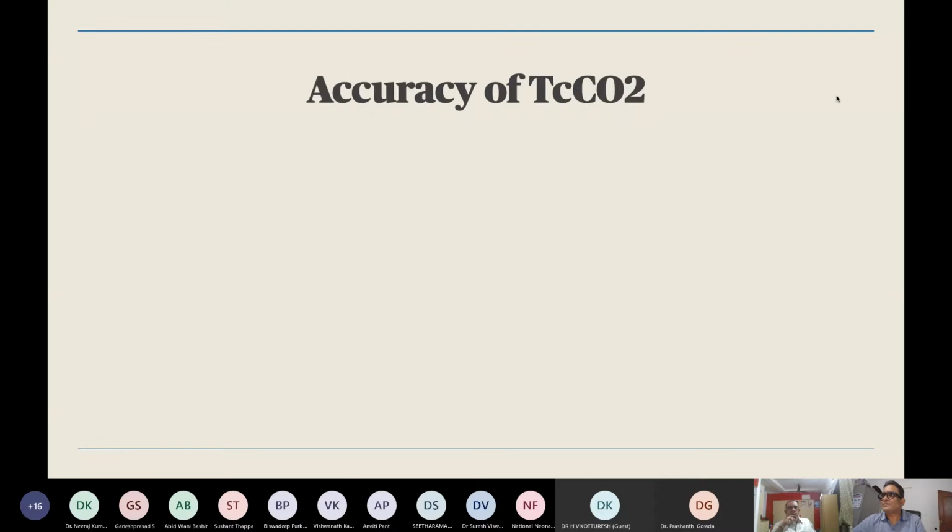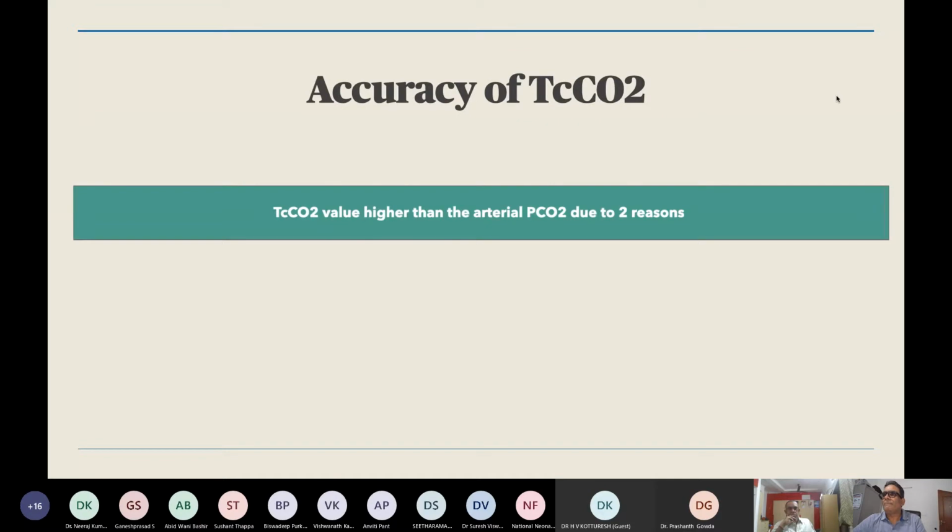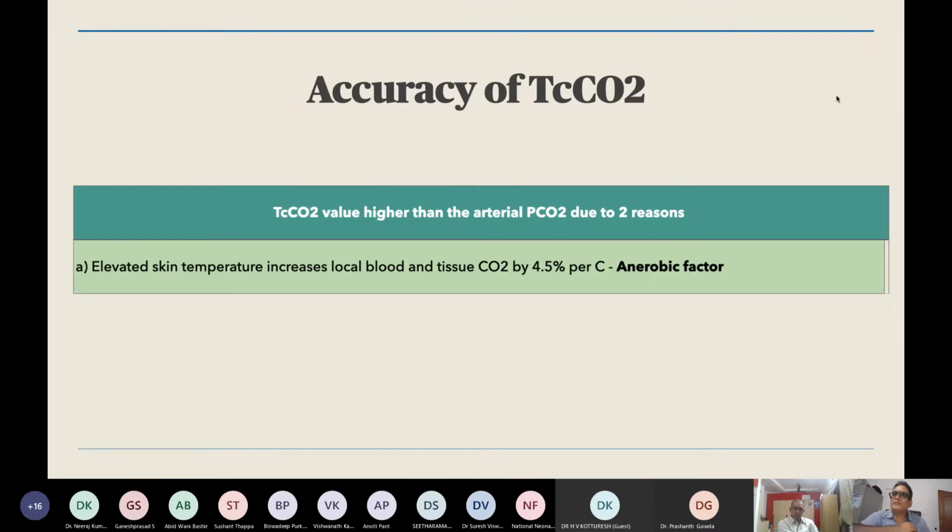So the accuracy of transcutaneous CO2: usually what happens is it is slightly higher than the arterial CO2. If you compare head to head transcutaneous CO2 with arterial CO2, the transcutaneous CO2 values are higher than the arterial CO2, and that is because elevated skin temperature increases the local blood and tissue carbon dioxide by 4.5% for each degree rise in the temperature.